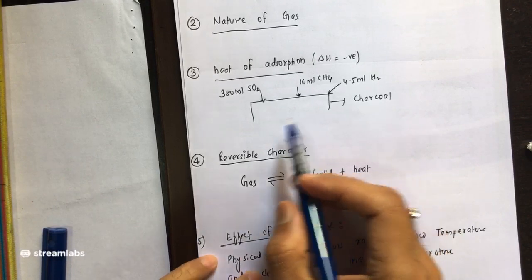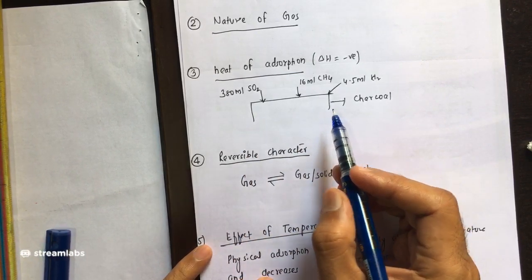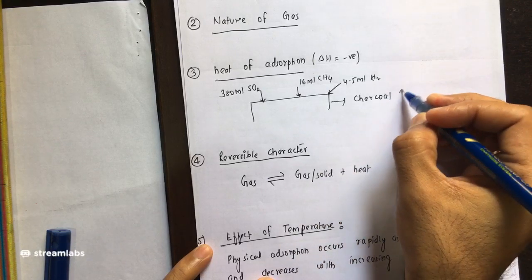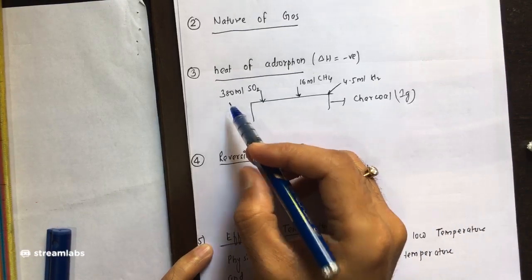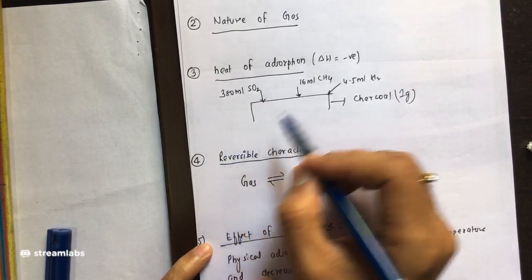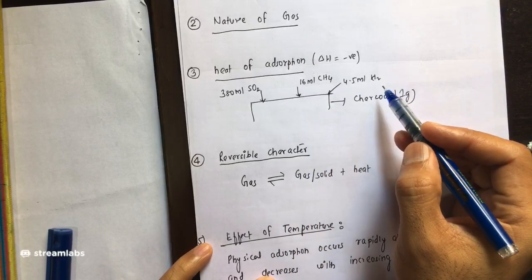For example, if you take 1 gram of charcoal, it adsorbs 380 milliliter of sulfur dioxide, 16 milliliter of methane, and 4.5 ml of hydrogen. Why?